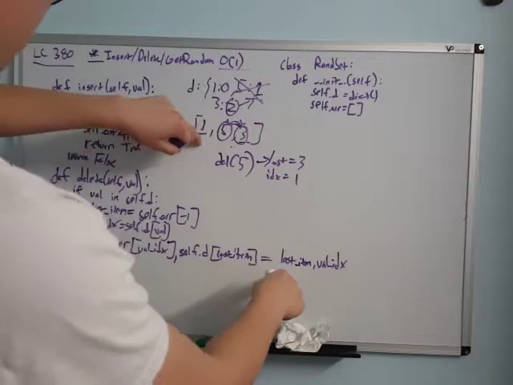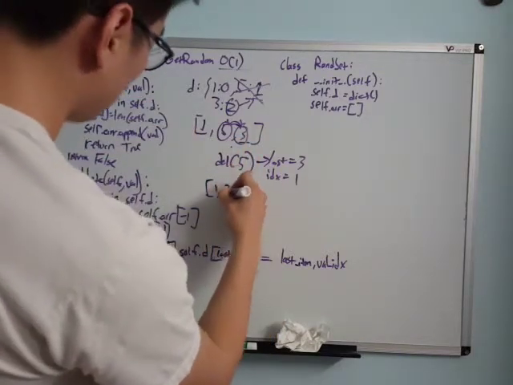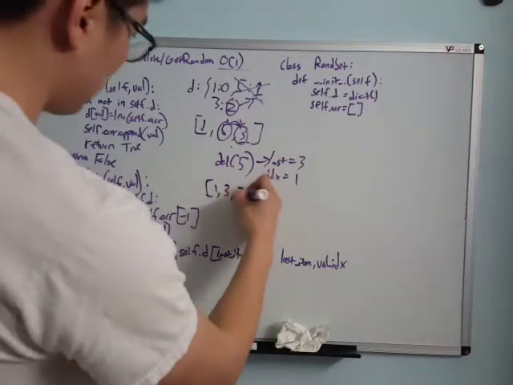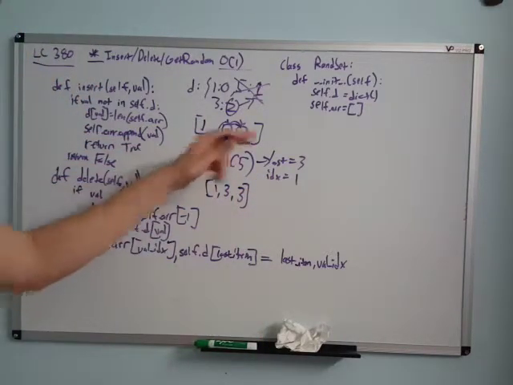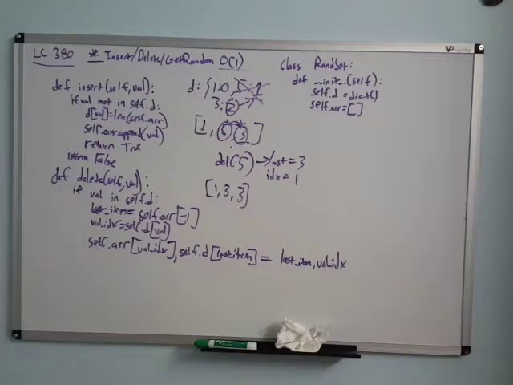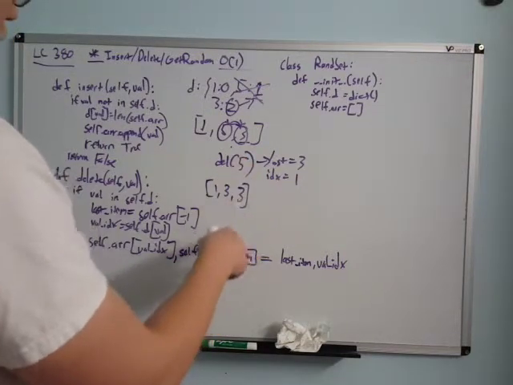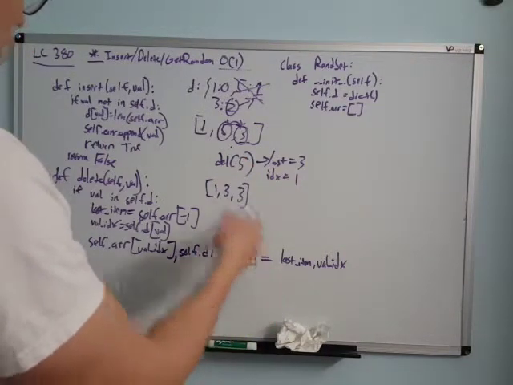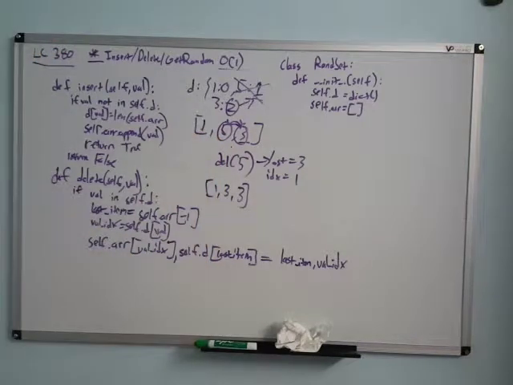It is now equal to the last item, which is 3. Right, so we have 1, 3, and this is still going to be a 3, actually. So we're not actually swapping the first and the last. We're swapping the last into the first idx. And then the dictionary value of the last item, which is 3, is going to be equal to the index that was at 5, which is 1.